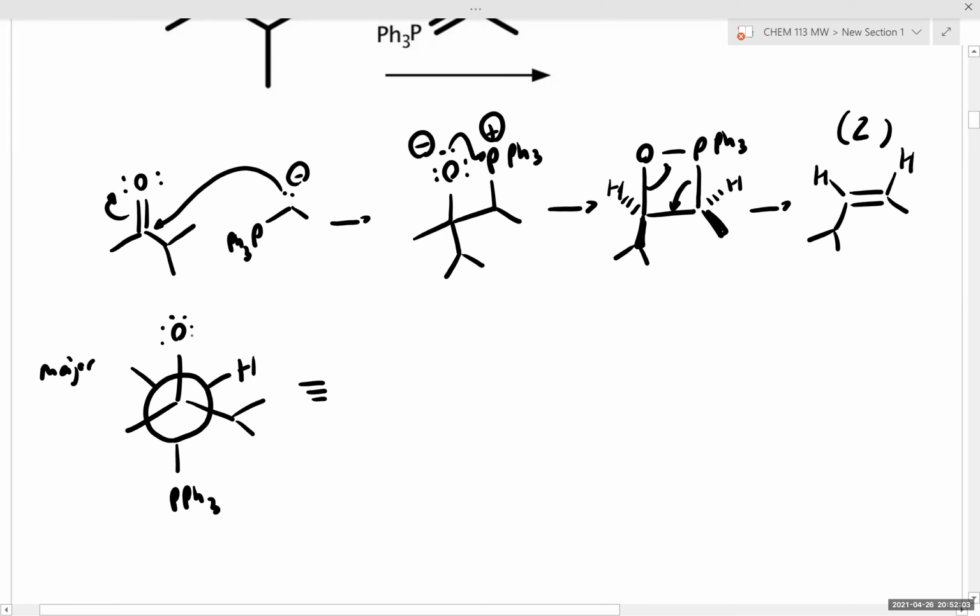After rotation, we can redraw this Newman projection to show the resulting betaine intermediate formed as so.